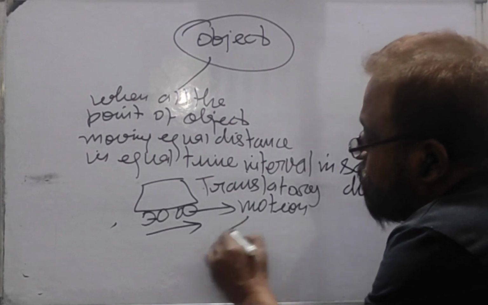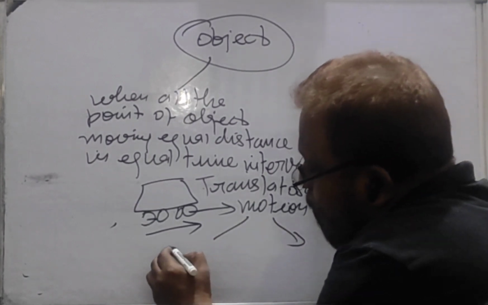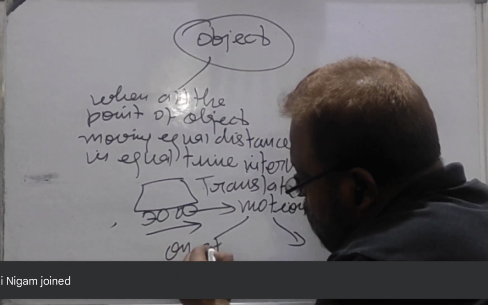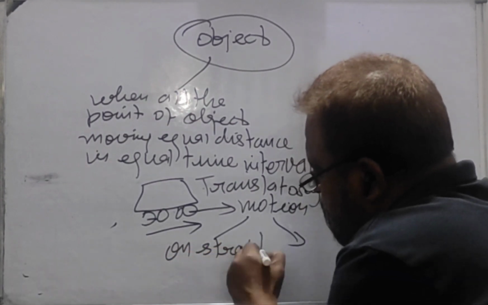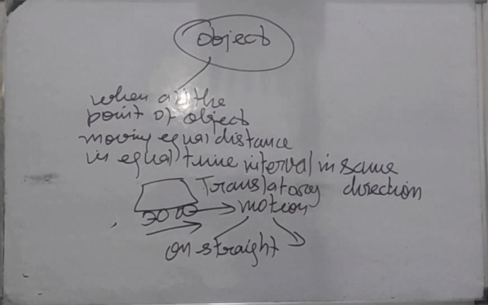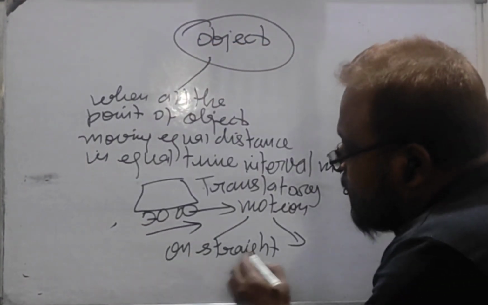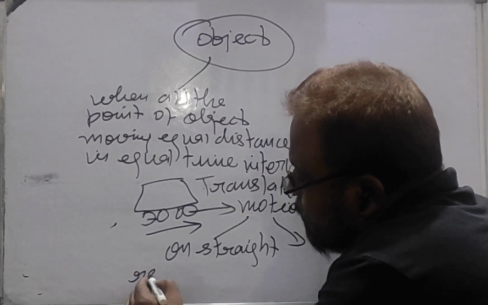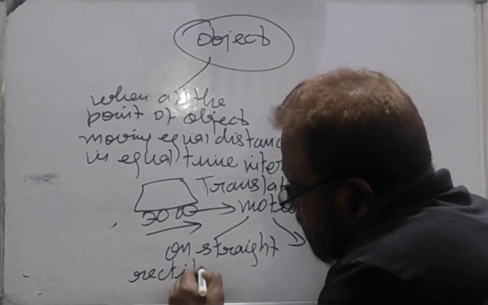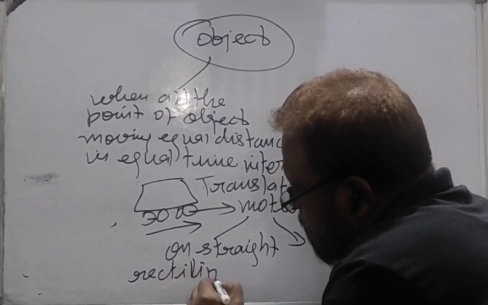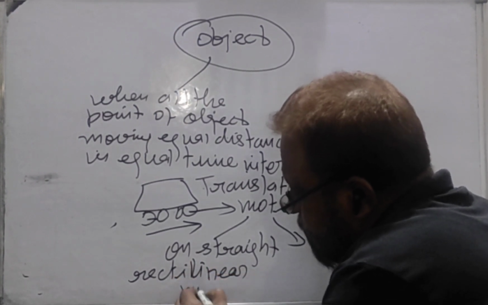Translatory motion is of two types. On a straight line, it is called rectilinear motion, right?